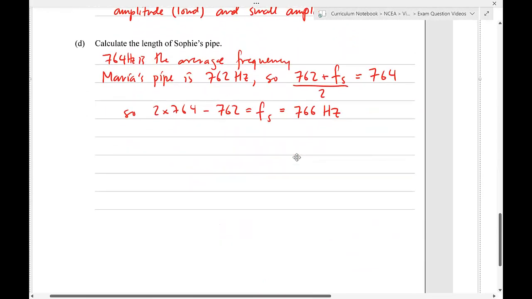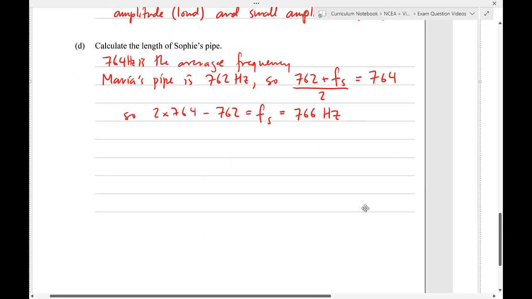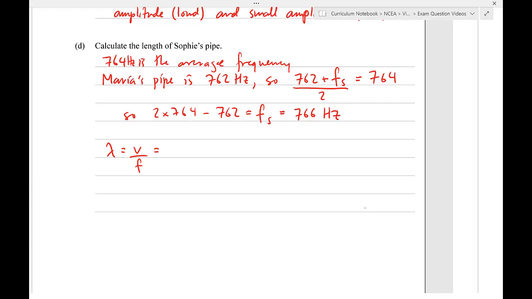Okay, so we know what frequency Sophie's pipe must have, and so we're trying to figure out the length of the pipe, so we need to find the wavelength, right? So lambda is equal to v over f, which is 343 over 766.